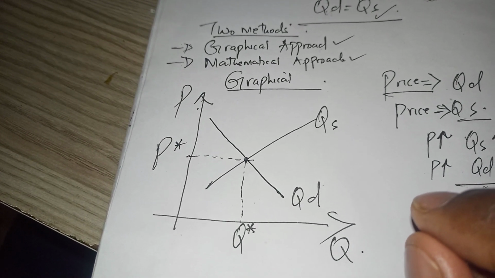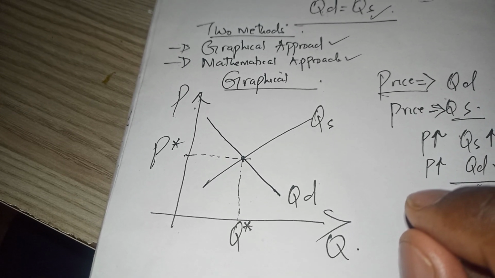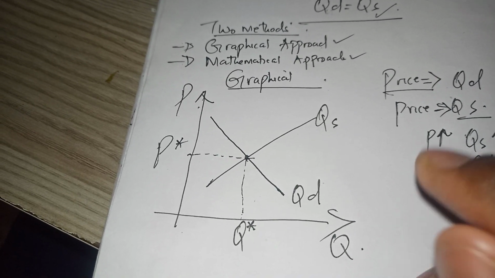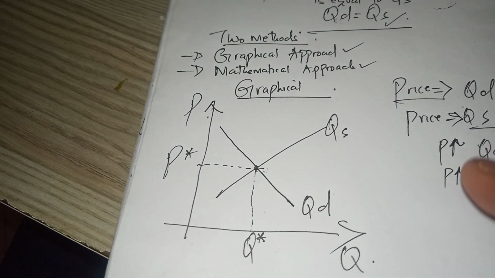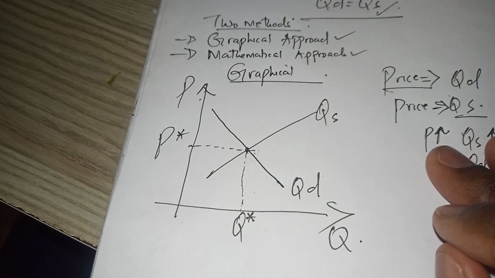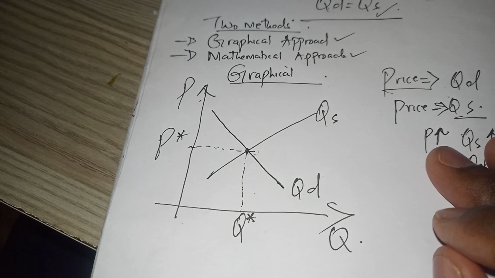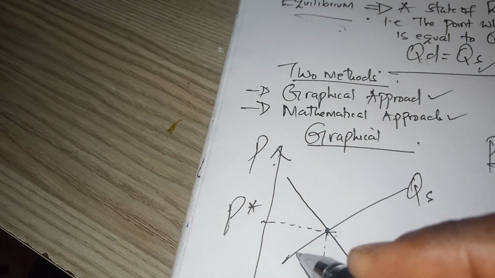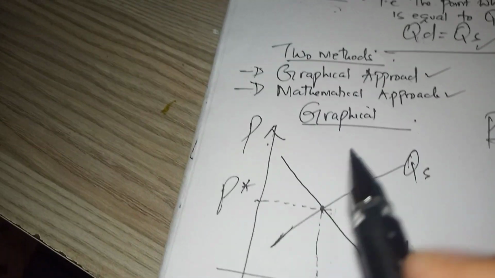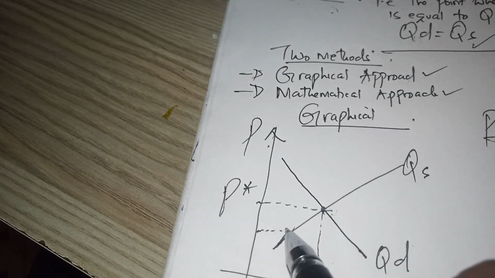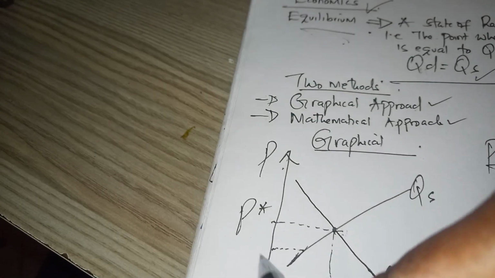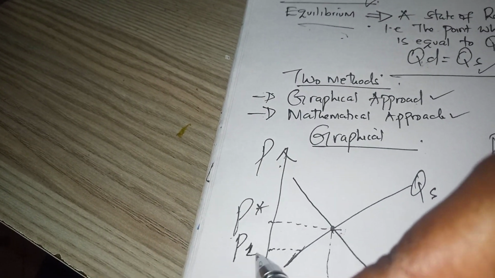So what happens when there are disturbances in the market that disrupt the equilibrium point? So for instance, if the prices are below the equilibrium price, let's call this P1.